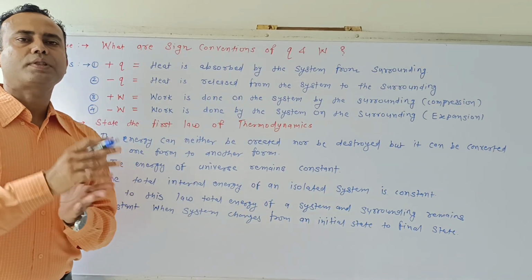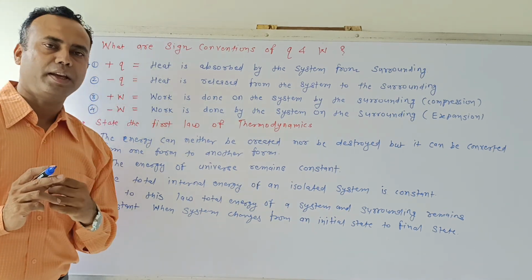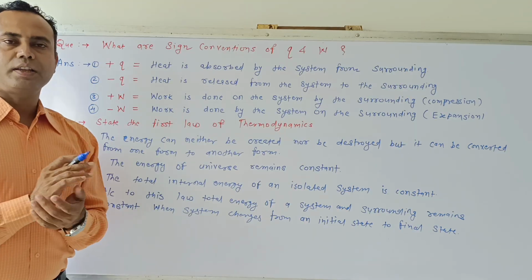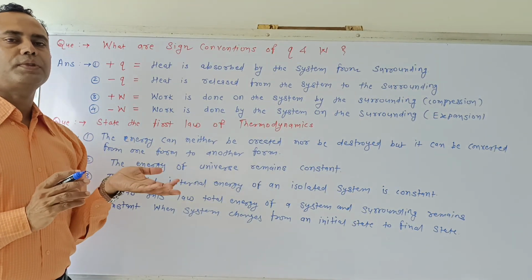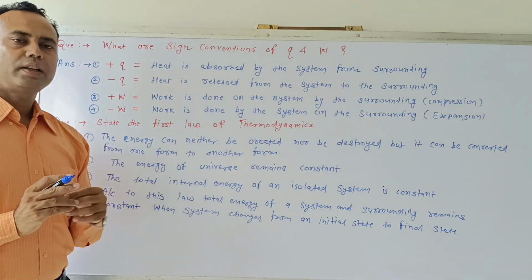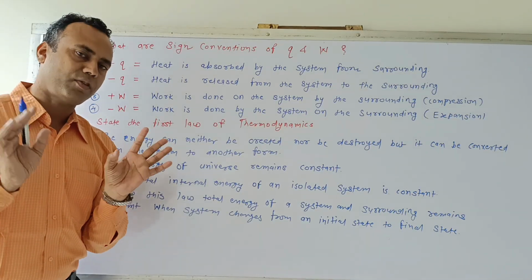Means there are positive values as well as negative values. Positive Q means heat is absorbed by the system from the surrounding, and Q is negative means heat is released from the system to the surrounding.